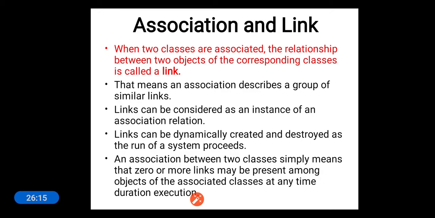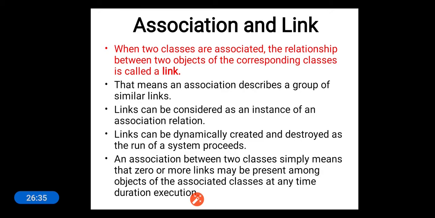Next comes association and link. When two classes are associated, we say that there is an association between two classes. When two classes are associated, then the two objects of those classes can have a link.